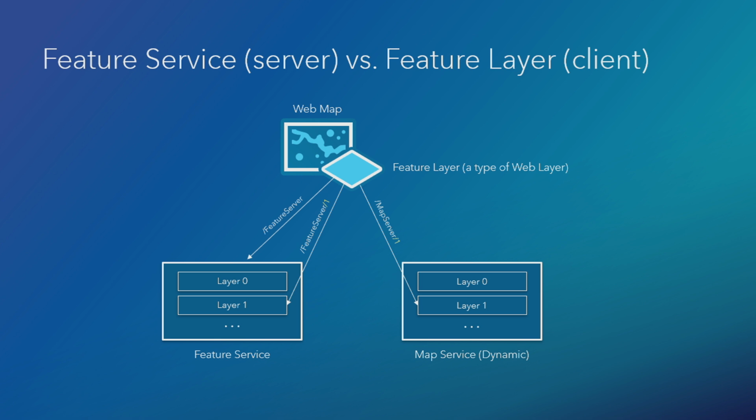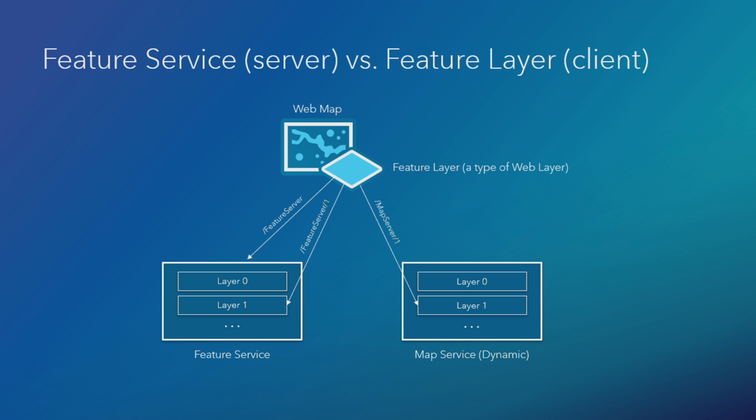So typically, when we think of feature layers in applications, we think about that connecting to a feature service, either to the entire service, which may contain multiple layers, or to a specific layer within that service. And if you're familiar with the URLs, going to a specific layer would be /FeatureServer/0, 1, 2, whatever the layer ID was.